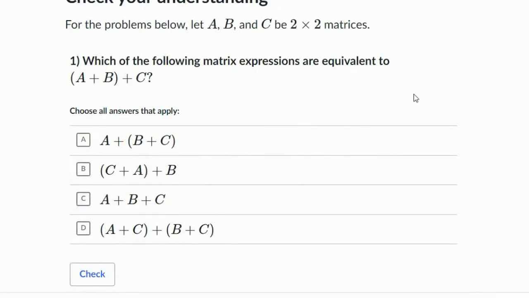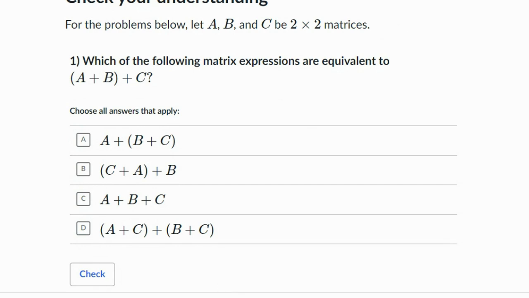All right. Oh, I like this. Choose all the answers that apply. There may be more than one answer. Which of the following matrix expressions, and A, B, and C are all 2 by 2, okay, that's important, are the same as A plus B, parentheses, plus C? A, B, C, and D. There's more than one answer.